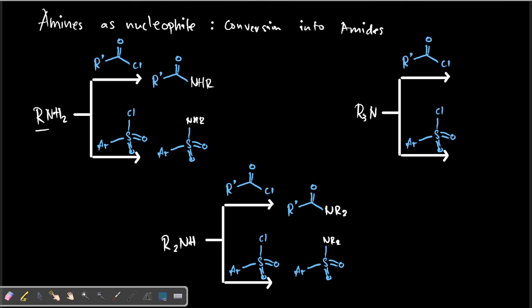So, yan ang reactions ng ating amines or secondary amines with our acyl halide or yung ating acyl chloride and dun sa ating sulfamide. Okay? And in here, para dun sa tertiary, tingnan nyo nga kung ano yung magiging reactions natin dito. Pwede nyo i-pause na yung video.